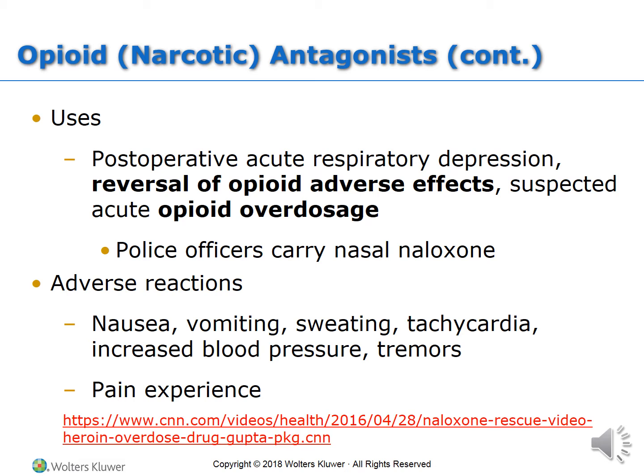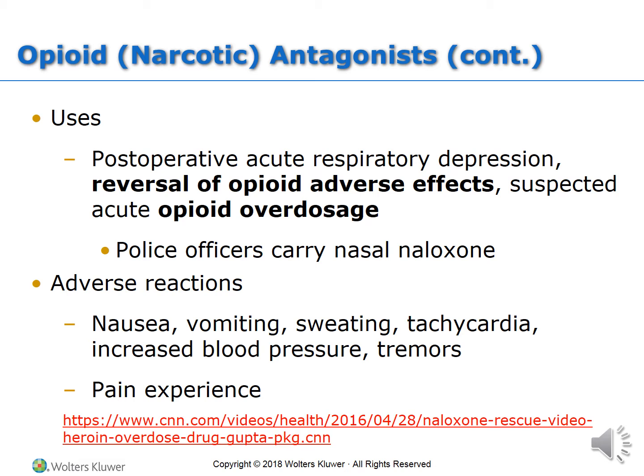Also, police officers carry a nasal spray version of naloxone. If they find somebody down in the field that's suspected of a drug overdose, they can administer this antagonist. If they've taken something like heroin, they can give naloxone and hopefully return satisfactory respiration in order to get them medical help before they would expire.